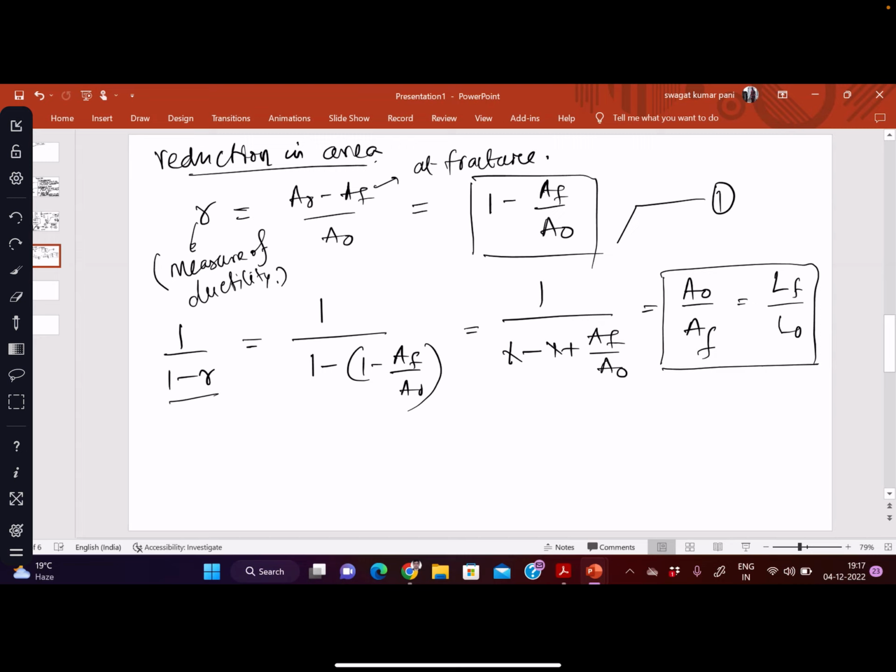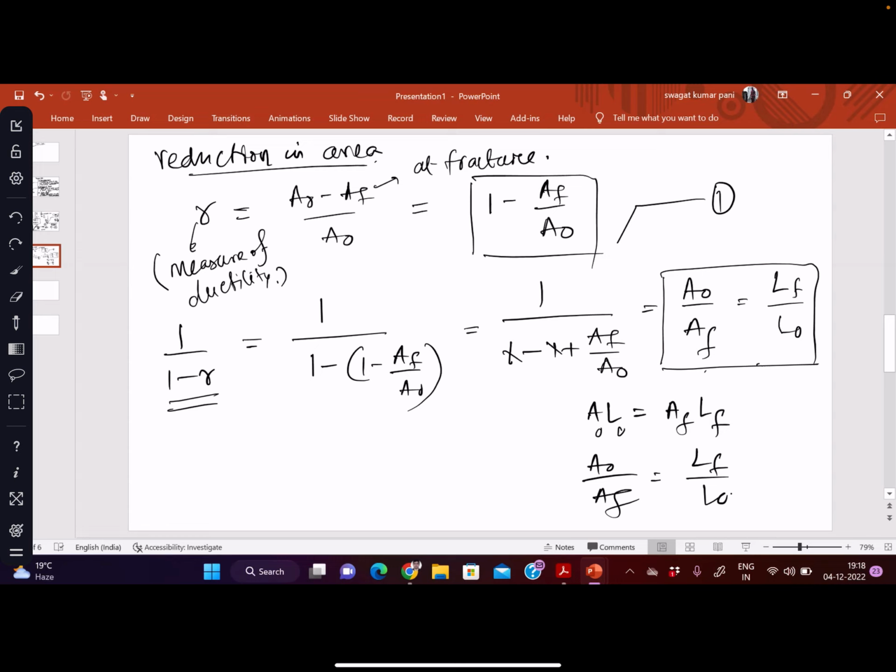So from 1 minus R we have derived A0 by AF, and we know area remains constant during plastic deformation, so A times L is constant. That means A0 L0 equals AF LF, so A0 by AF equals LF by L0. That's what I have written here.